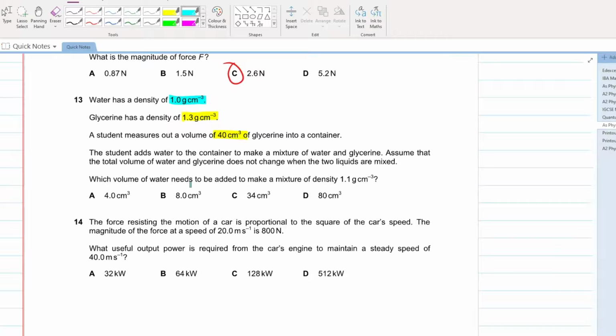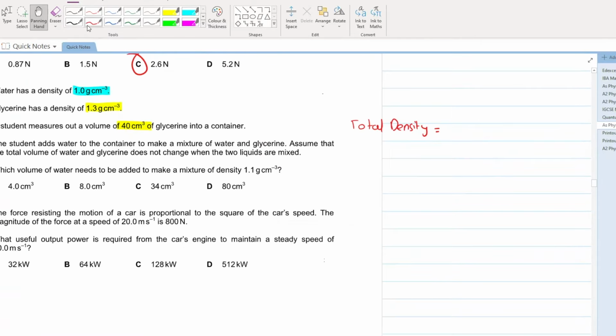Okay, so you have to make a mixture of density 1.1. So how can you make a mixture of density 1.1? Total density is equal to the total mass divided by the total volume. Perfect.